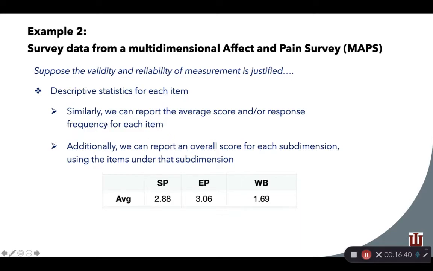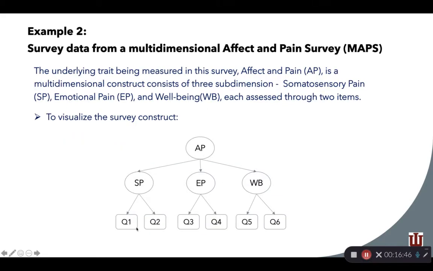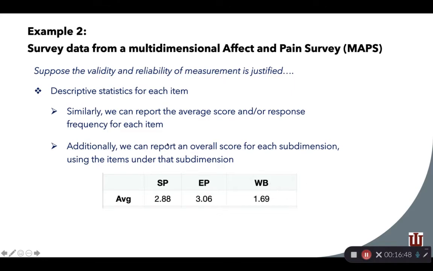Similarly, we can report an average score for each of the 6 questions, as we did in the unidimensional example. And additionally, we can report a subdimension-level average score.